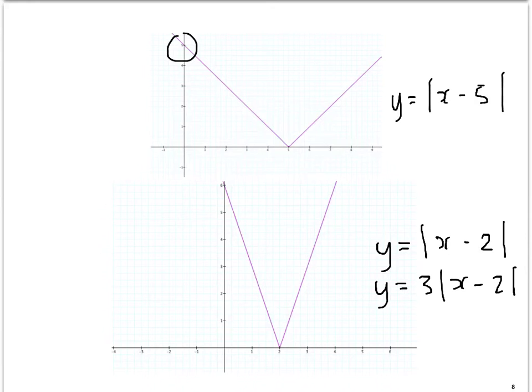That would work. And now when x equals 2, we get y equals 0, which is great. And when x equals 0, we get y equals 3 times the modulus of negative 2, 3 times 2, which is 6. So that looks right as well. So you could also probably sometimes see that written like this. And that would also be correct.